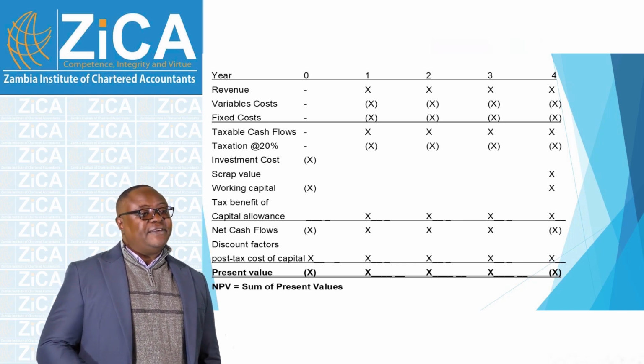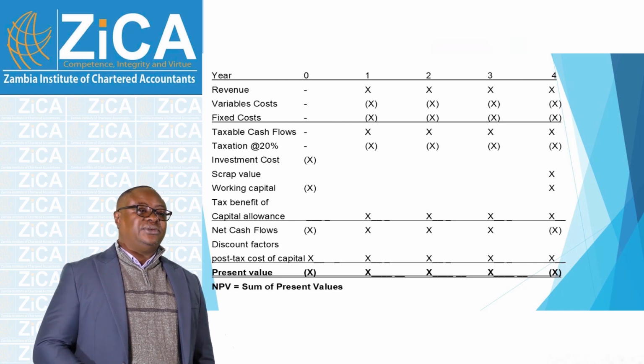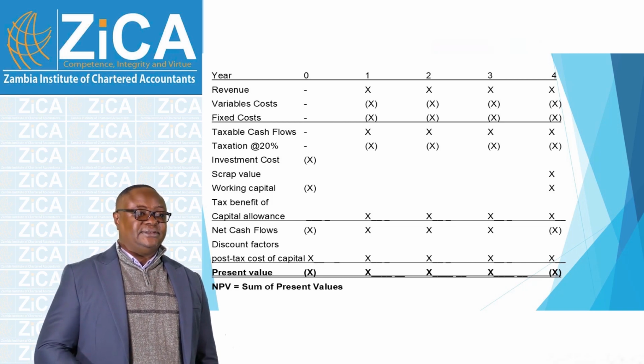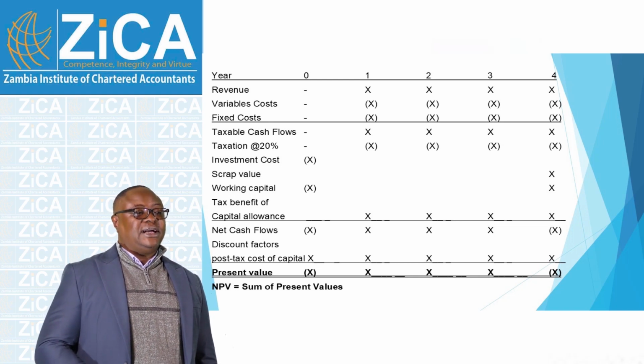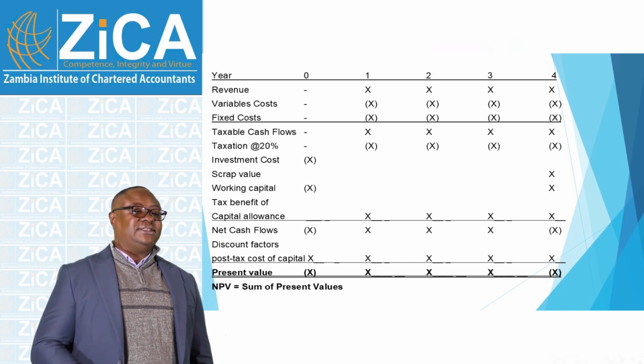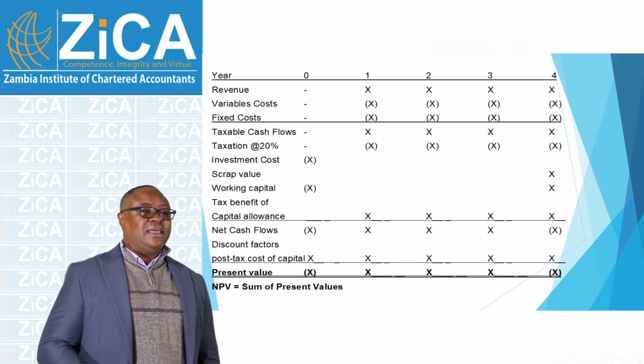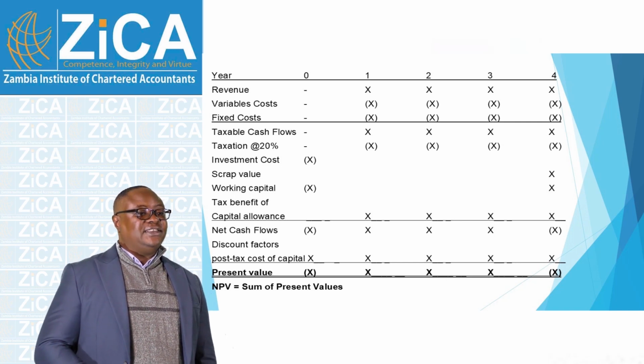Once you identify these, then you can find what we're calling the taxable cash flows. These are cash flows that will be subjected to taxation. So for instance, if the corporate tax is at 20%, you tax these cash flows. Then the next aspect is investment cost. This is the initial cost of the investment of the project that you are looking at.